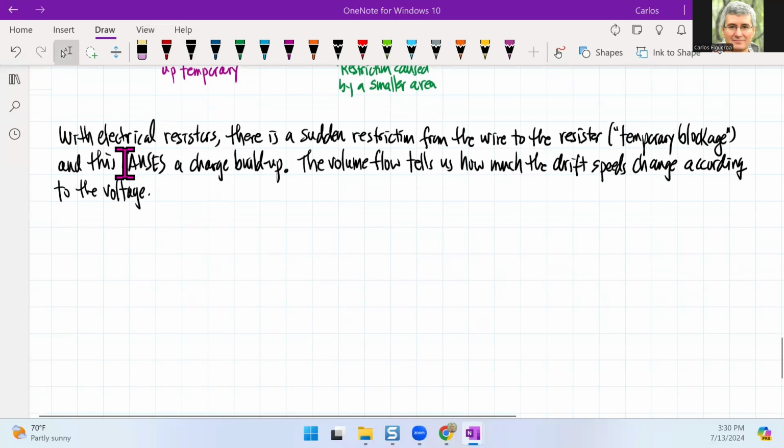So what I need to do here is try to draw a picture. Here's what we want to do.